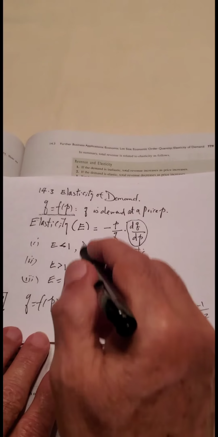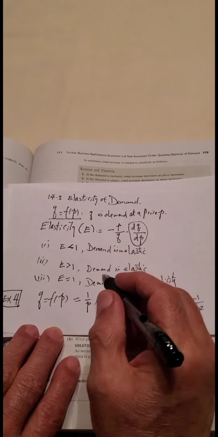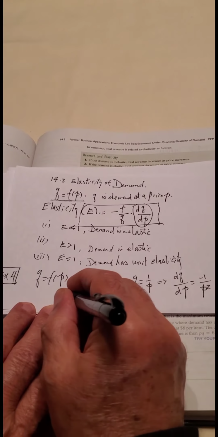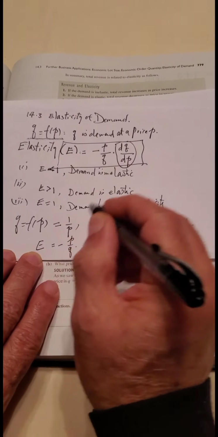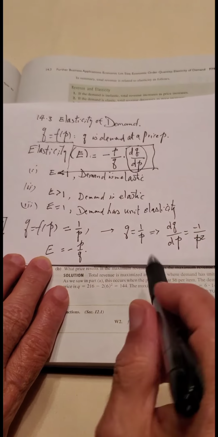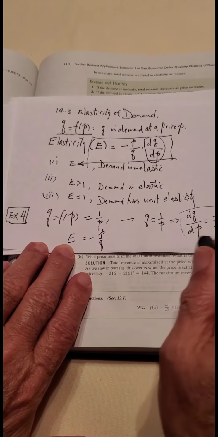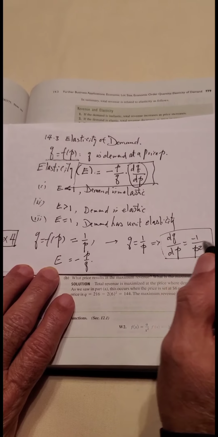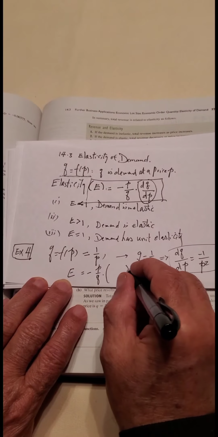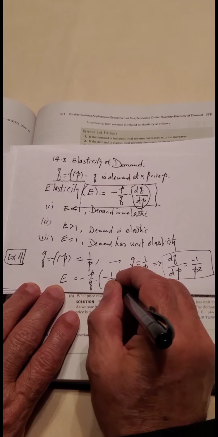Then if you plug in the formula which we had for elasticity, E equals minus P over Q times dq over dp, we now have dq over dp, the derivative of Q with respect to P, which is nothing but -1 over P squared.